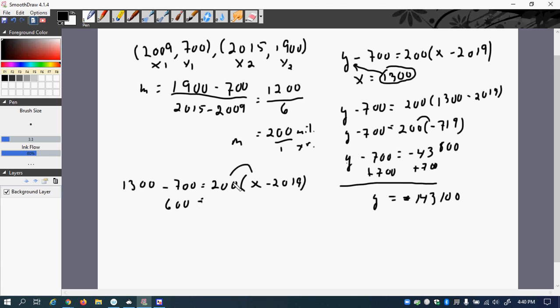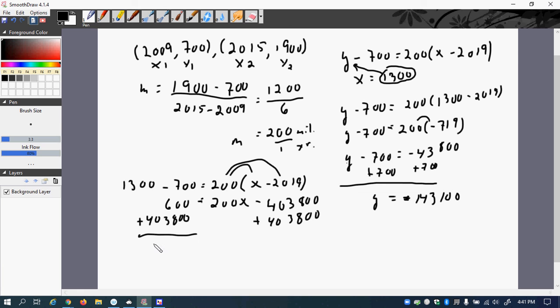Then I'll distribute, so that's 200x, and then I multiply the 200 times 2019, and I get 403,800. Now I'm going to move this to the other side, so I add the 403,800 to both sides.